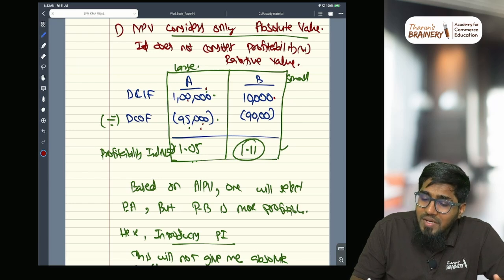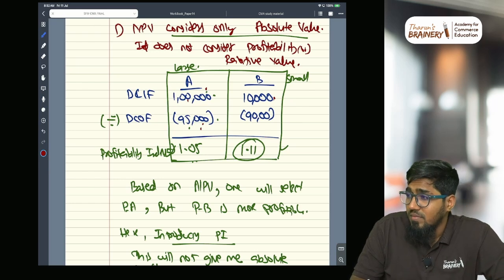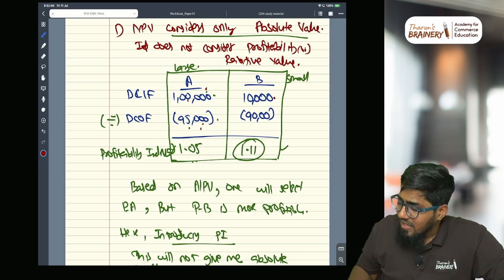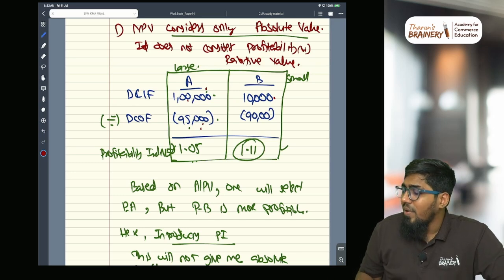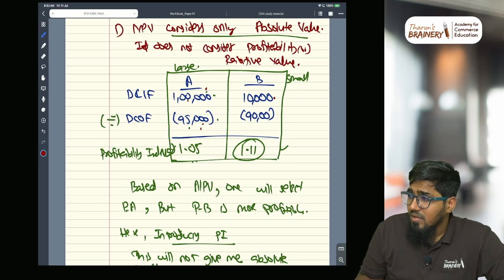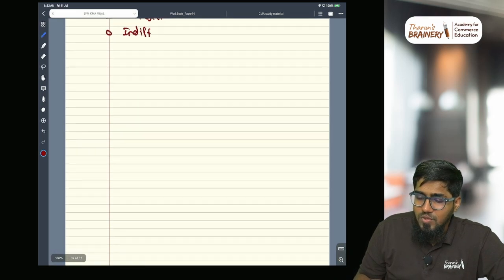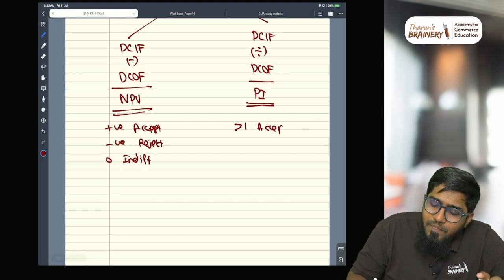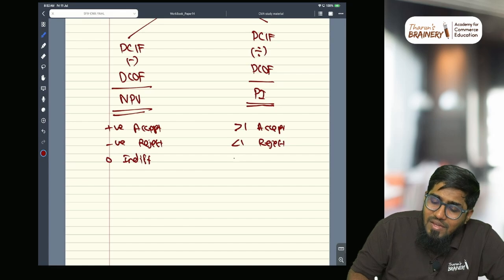If my discounted cash inflow is 8,000, then 8,000 minus 9,000 is -1,000, and 8,000 divided by 9,000 is 0.89, which is negative. So for profitability index, if it is more than 1, accept; if it is less than 1, reject; and if it is equal to 1, it is indifferent.